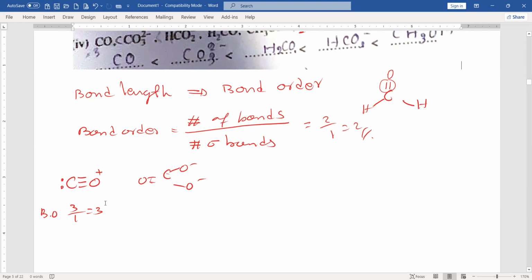So this has 1, 2, 3, 4 bonds. So bond order will be 4 divided by 3, which is 1.33. So bond order is 1.33.